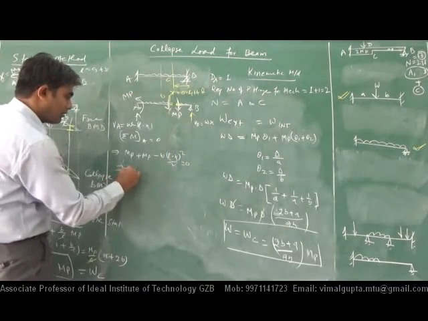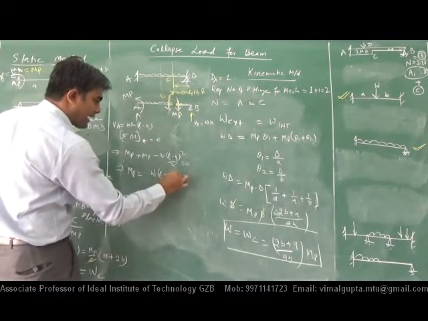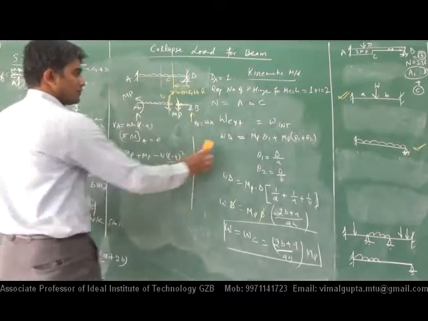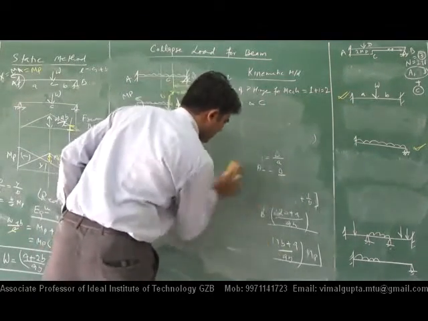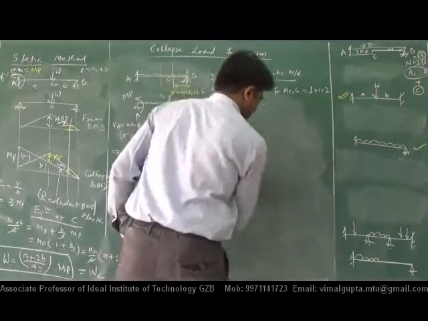So the value of MP will be W into L minus X whole square by 4. This is from that side.